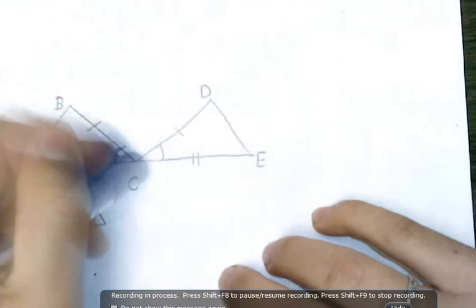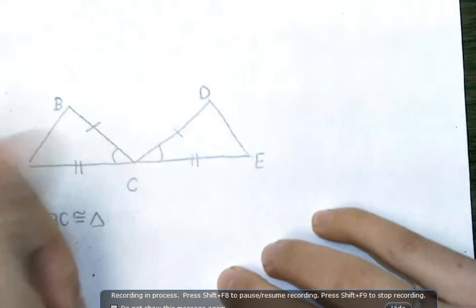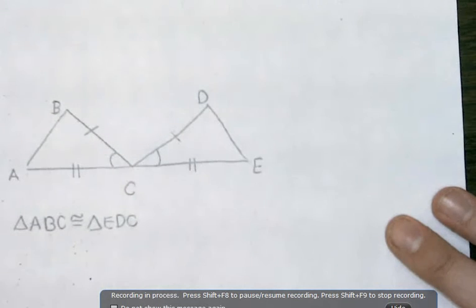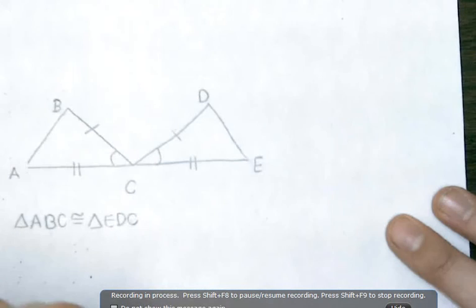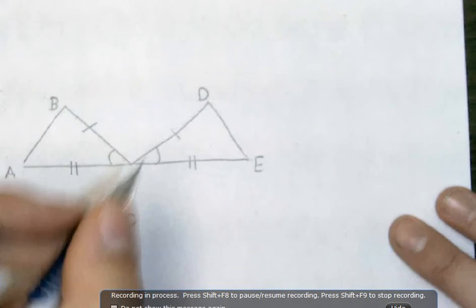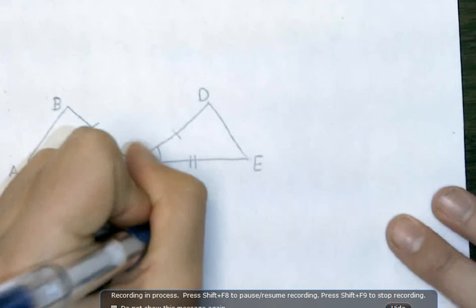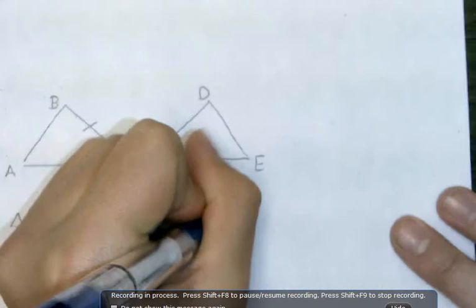ABC, so EDC. So now those two triangles are congruent. And again, this doesn't have to be formal because I just asked you to explain. So I can say that these are congruent because of the side angle side congruence theorem.